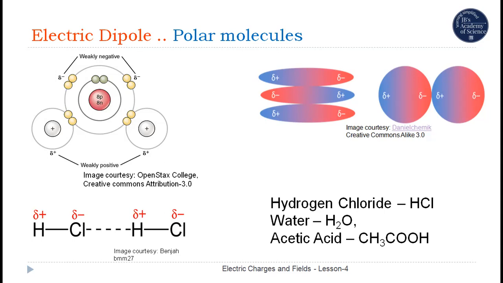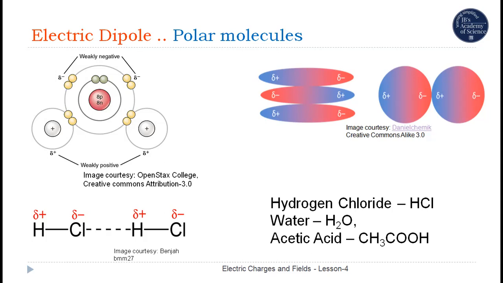What is the reason for this polar nature of these substances? One example we will discuss. Consider a water molecule. A water molecule is formed by one oxygen atom and two hydrogen atoms, and hydrogen and oxygen share a pair of electrons, and in the same way the other hydrogen and oxygen will share a pair of electrons. Here hydrogen is electropositive and oxygen is a highly electronegative element.